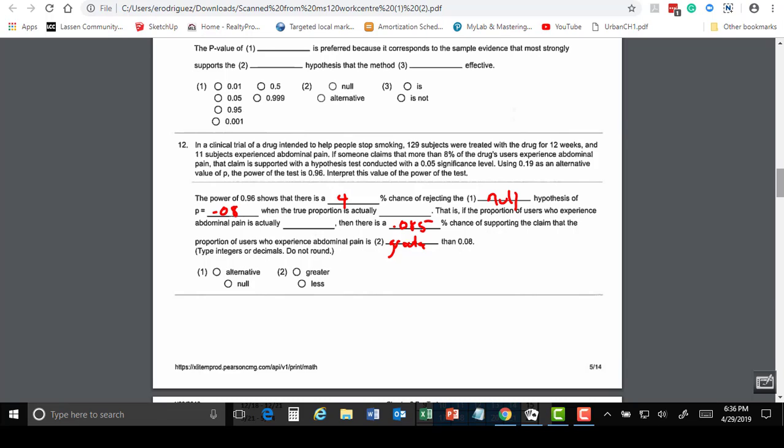And then the proportion of users who experienced pain is greater than 0.08. So the alternative hypothesis, they call it, says the proportion. Okay, so the alternative, the null, well, that's what I did here. The null is greater. Okay.